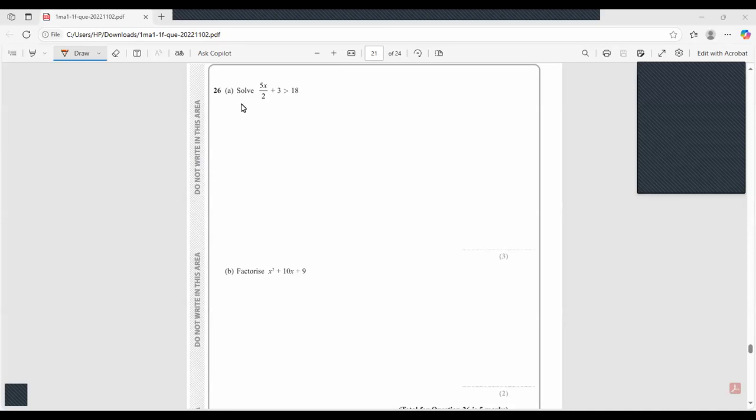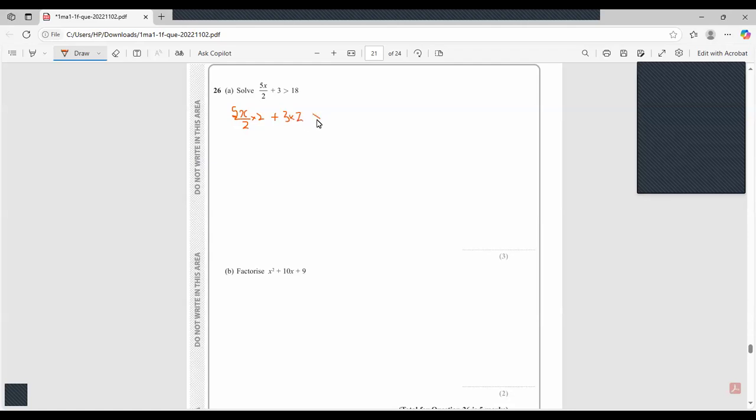So let's hit the road. What are we going to do with 2? We're going to multiply each of these terms by 2. So that's going to leave us with 5x over 2 times 2, plus 3 times 2.